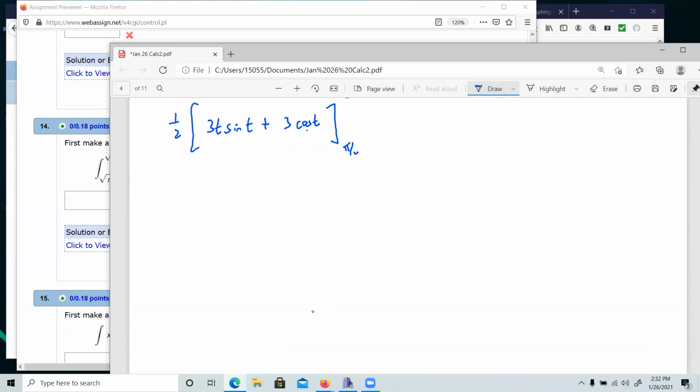Okay, so it's 1/2 times 3 pi sine pi plus 3 cosine pi, minus 3 pi over 2 sine pi over 2. All right, there we go.